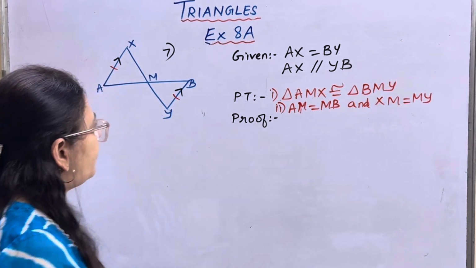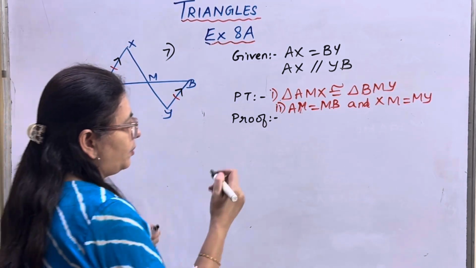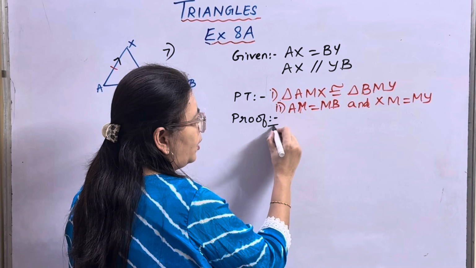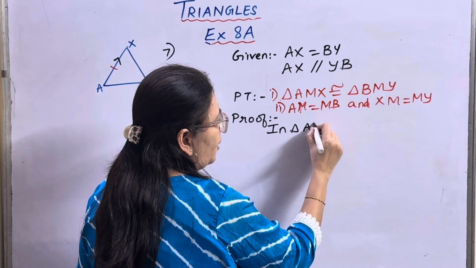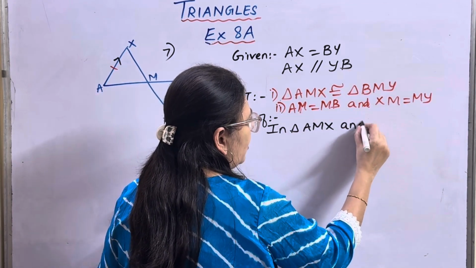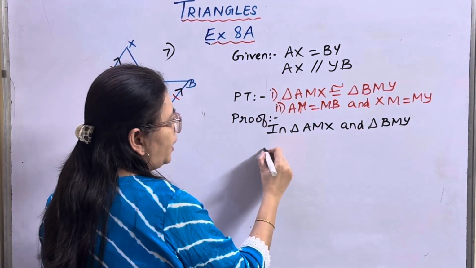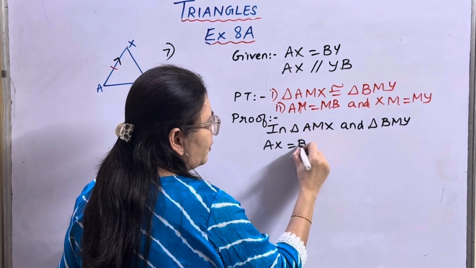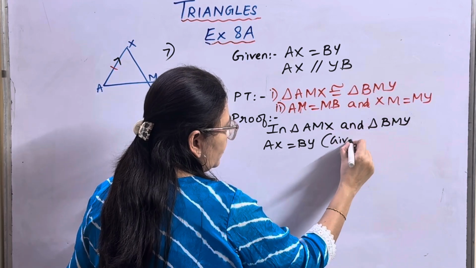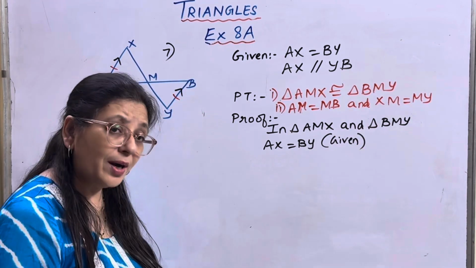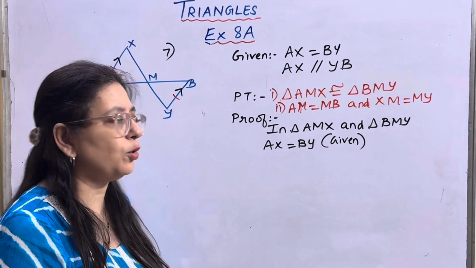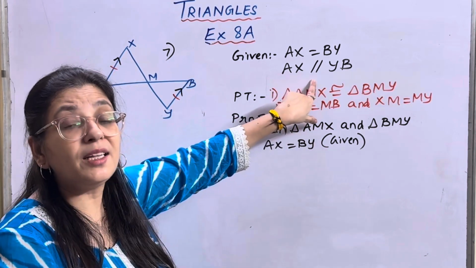Come on. First, let's take up the triangle. You have to prove this. So, in triangle AMX and triangle BMY, what is given? AX is equal to BY. This is given. Over here, one piece of information is directly given to you, but the other one is that they are parallel lines.